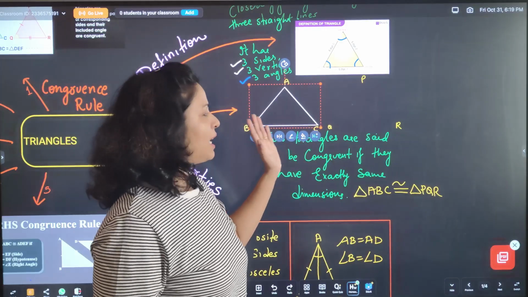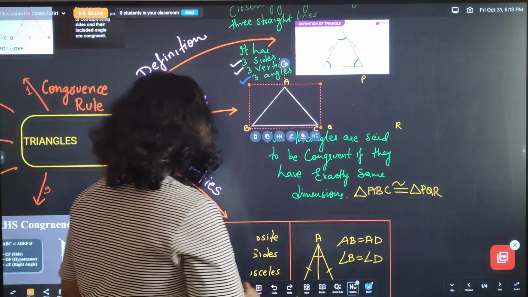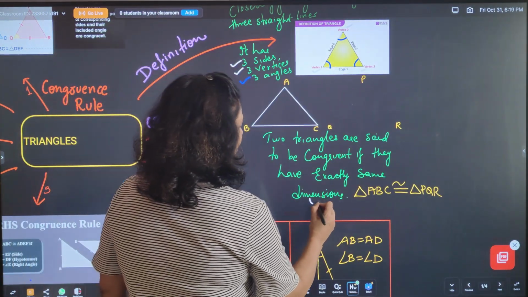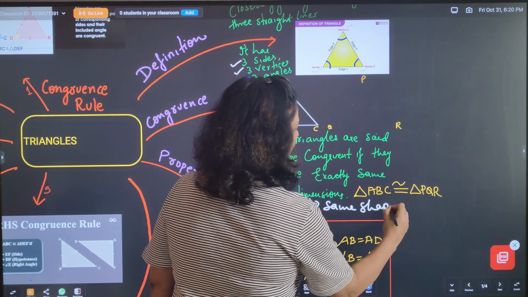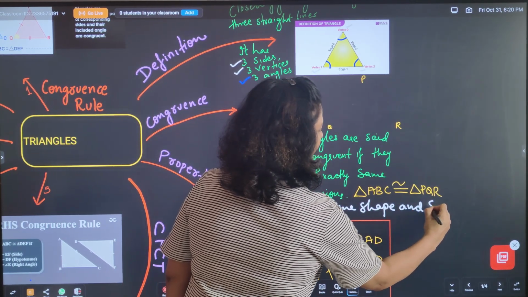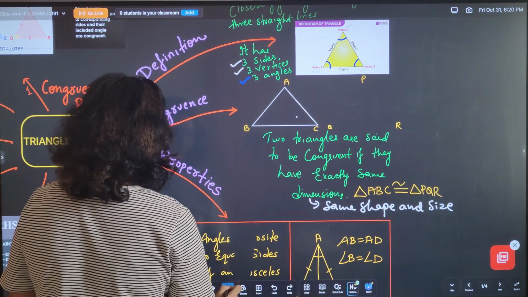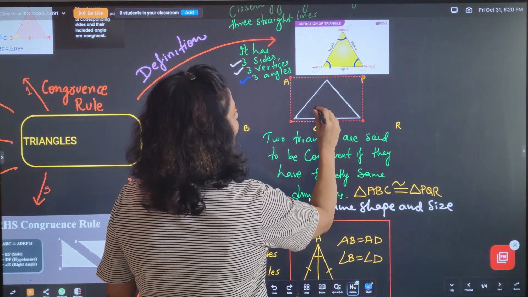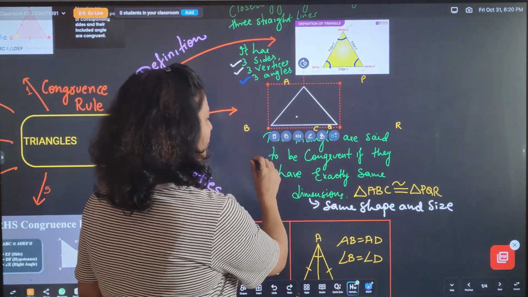Why is this triangle exactly fitting into the other triangle? Because they are of the same dimensions. Same dimensions in the sense same shape and size. As you can see here, they completely fit into each other, so we say that the triangles are congruent.